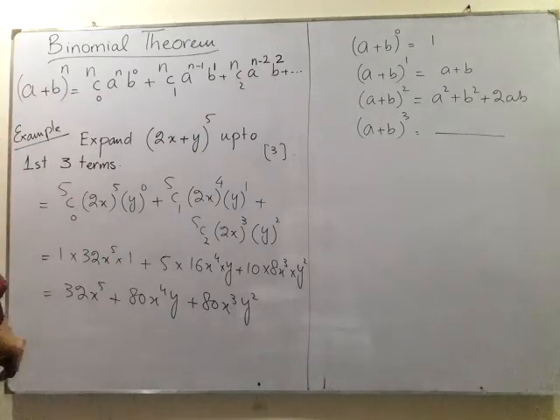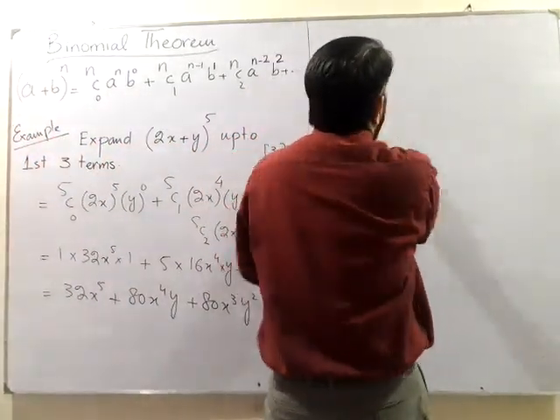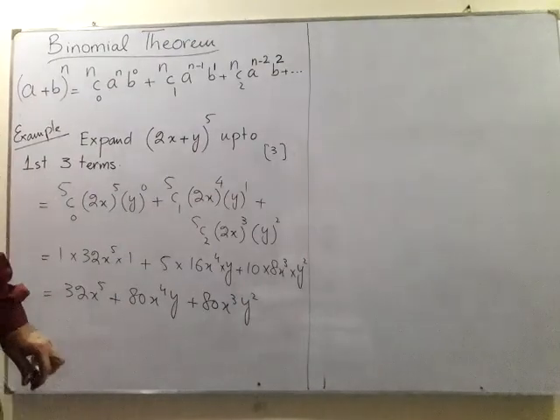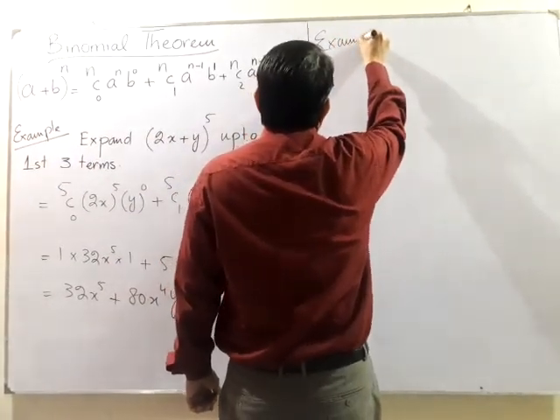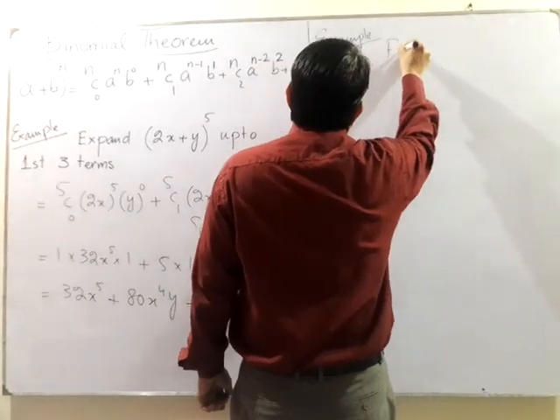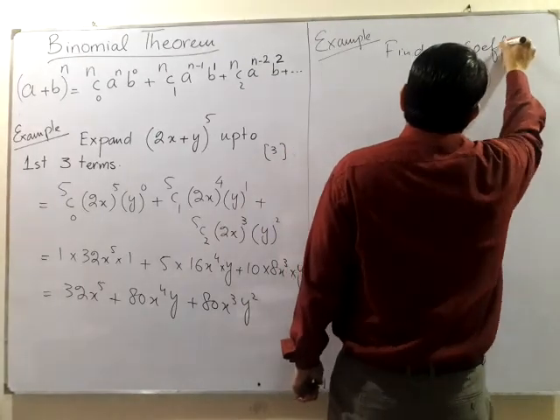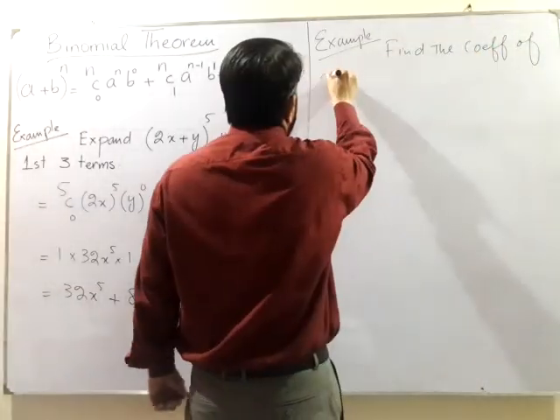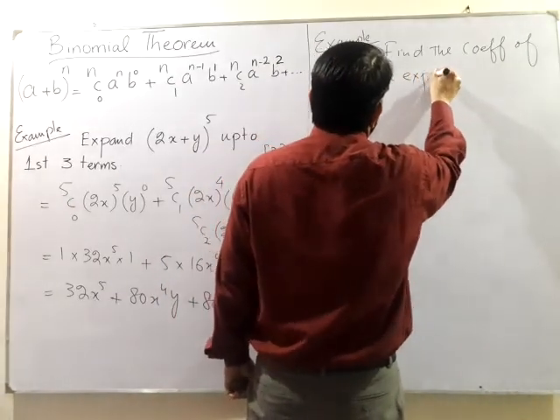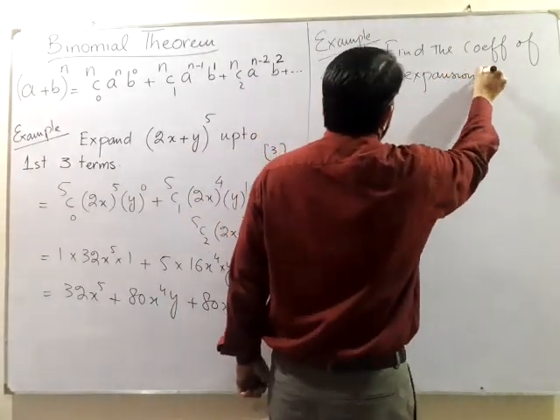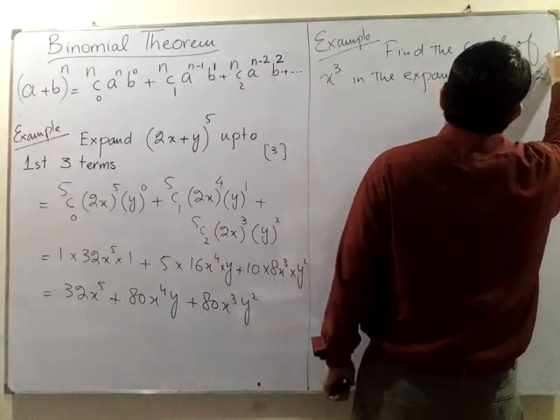For example, find the coefficient of x^3 in the expansion of (x + 2)^7, let's say.